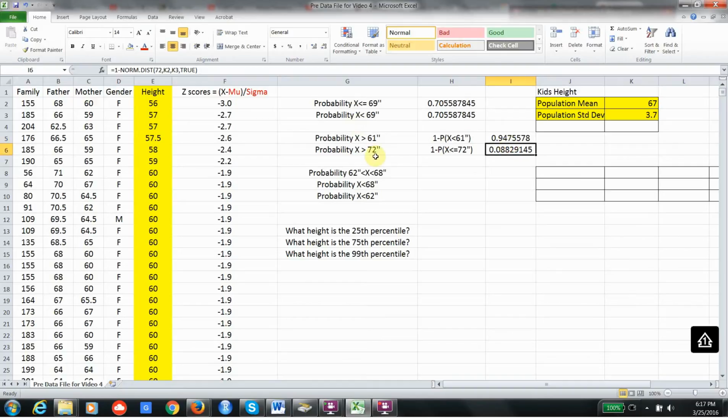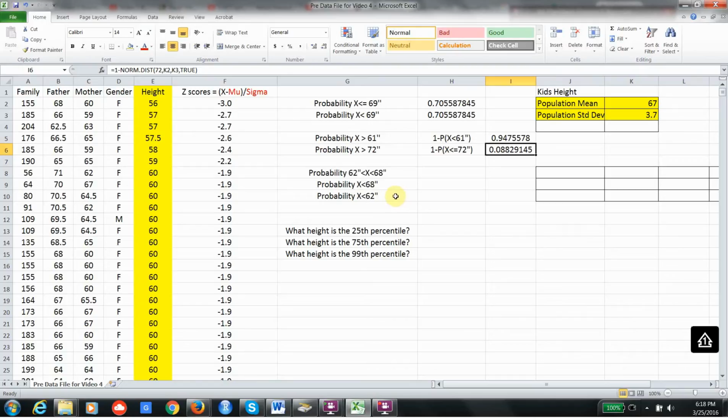Okay, now there were a few problems on the homework that were kind of strange. They asked you to find the probability that a randomly chosen value was between two specific values. So here, I might want to know what is the probability that a randomly chosen value is between 68 and 62. And you realize this is the probability that you're less than 68 minus the probability that you're less than 62. And if you're not sure that that's true, draw out a little sketch.